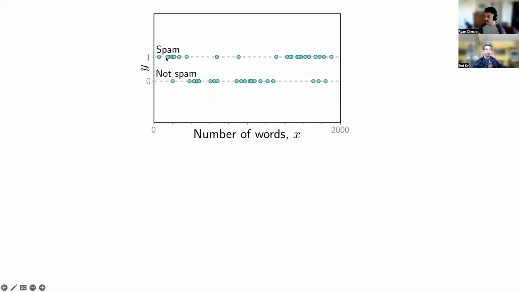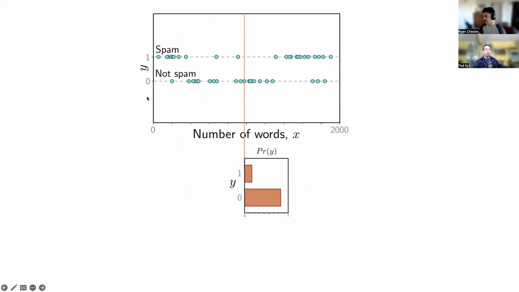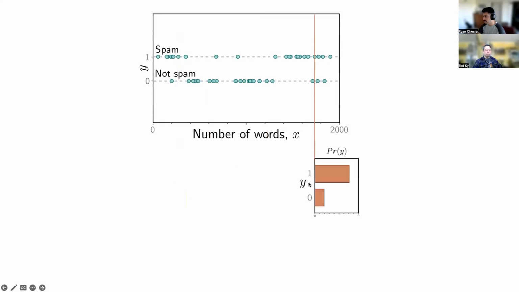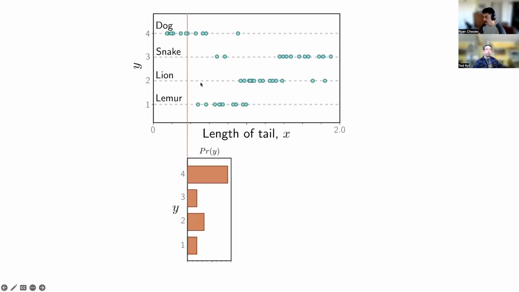Looking at a classification problem, you have the same thing, because at this point there's a certain probability of it being a one and a certain probability of it being a zero. So at different numbers of words, you have a different probability of it being spam or not spam. And you have the same thing with this multi-class example. At this point, you have very high probability that it's going to be a dog, given that the length of the tail is some small value.